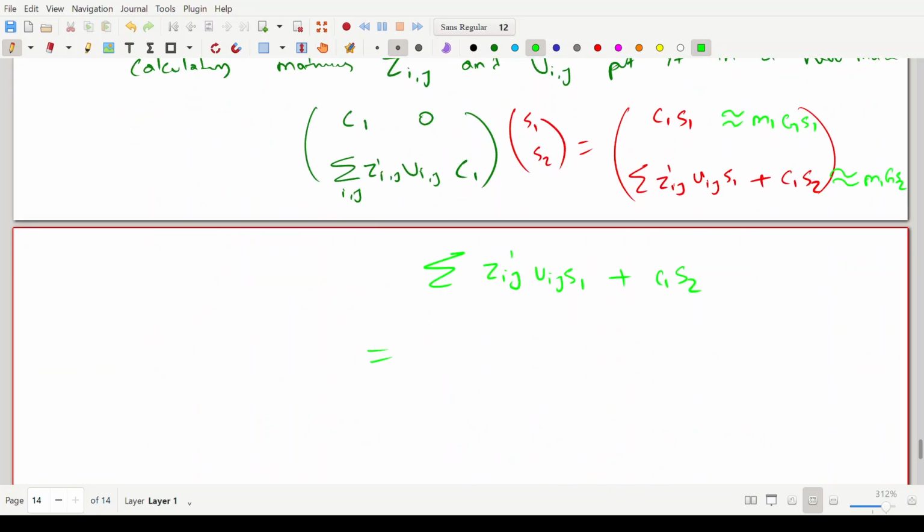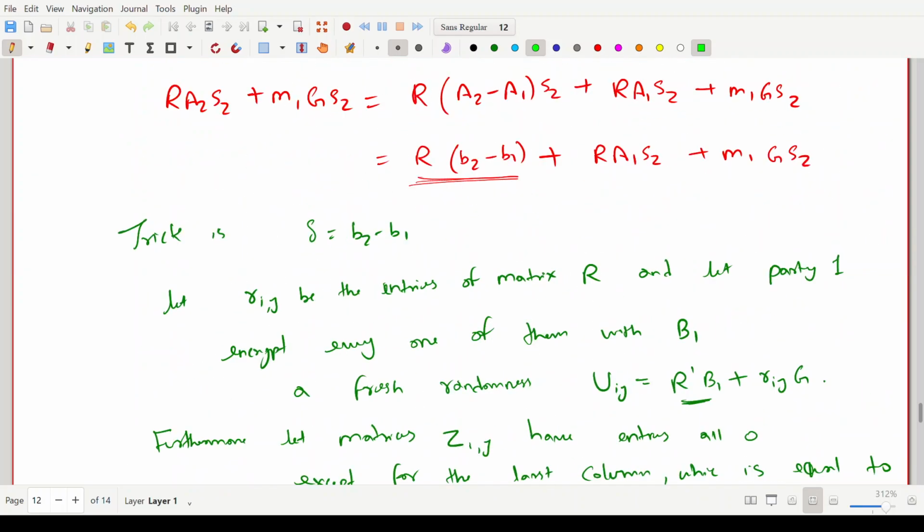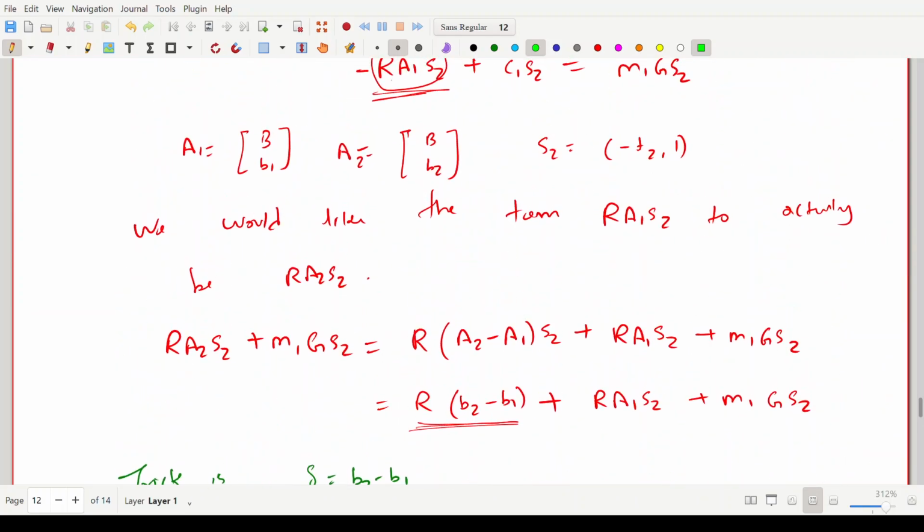So this part is the summation of Rij delta, and I am having C1 S2, which I had already found out.